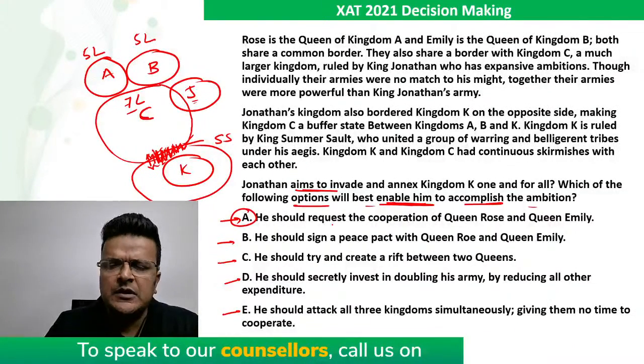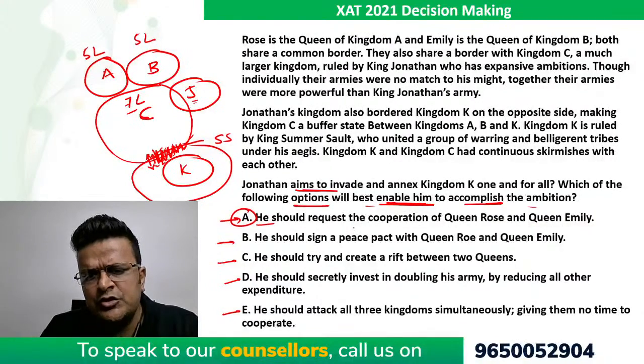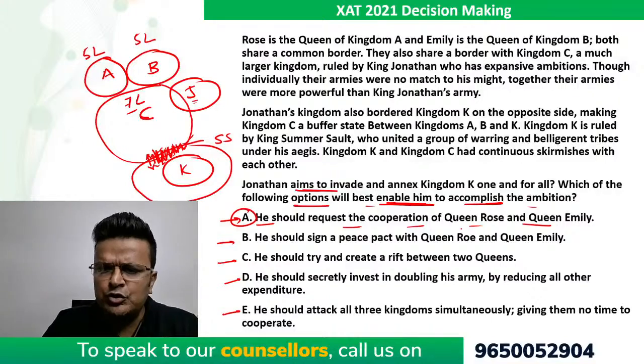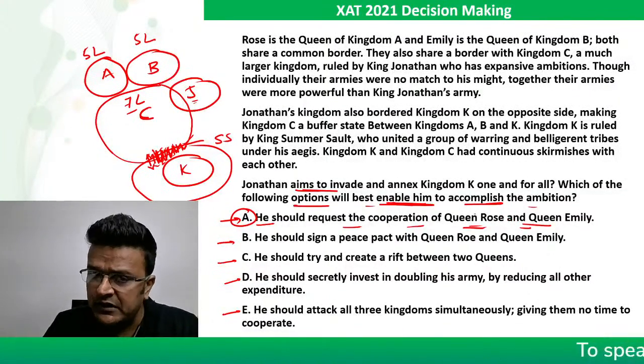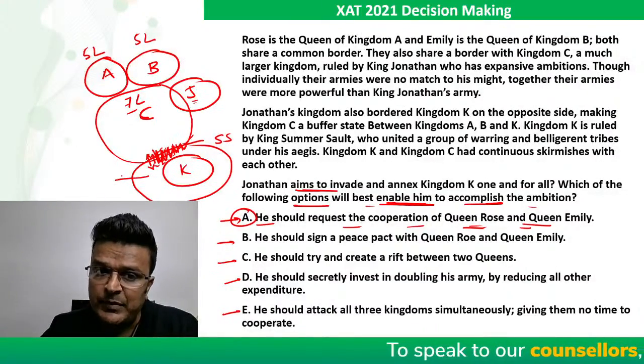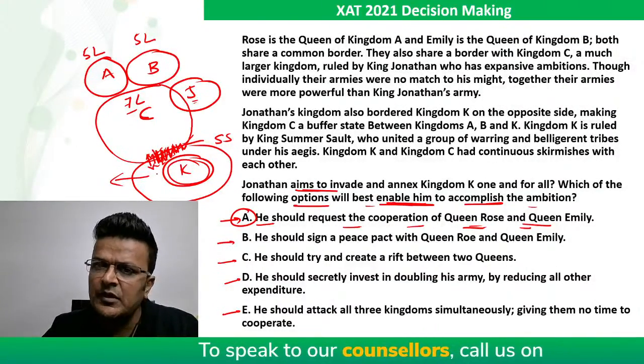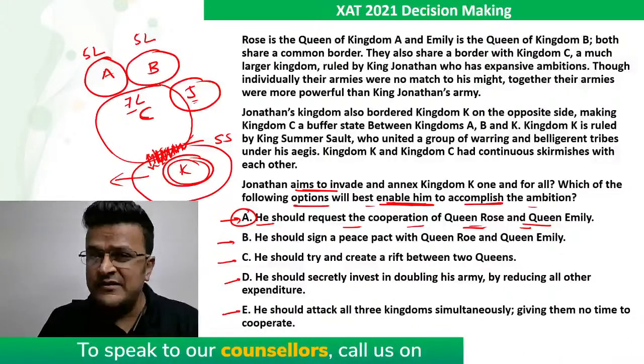A says Jonathan should request the cooperation of Queen Rose and Queen Emily. Are you sure these guys would agree? First problem. Second, do you have any idea about the capacity of King K? King K's army is not mentioned.